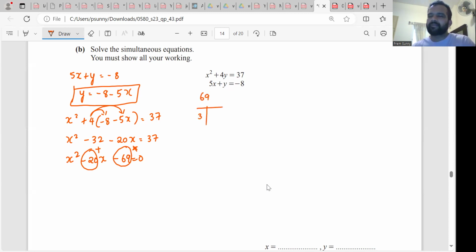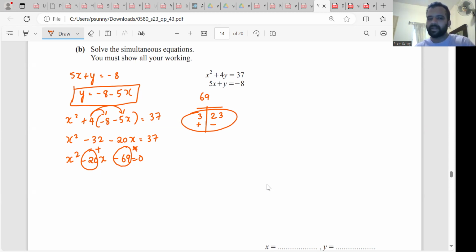If we find the factors of 69, in which multiplication table do we get 69? 3 times 23 is 69. When I add them, I should get minus 20. So minus 23 and plus 3. When I add these two, minus 23 plus 3, I'll get minus 20. And when I multiply them, minus 23 into 3, minus 69.